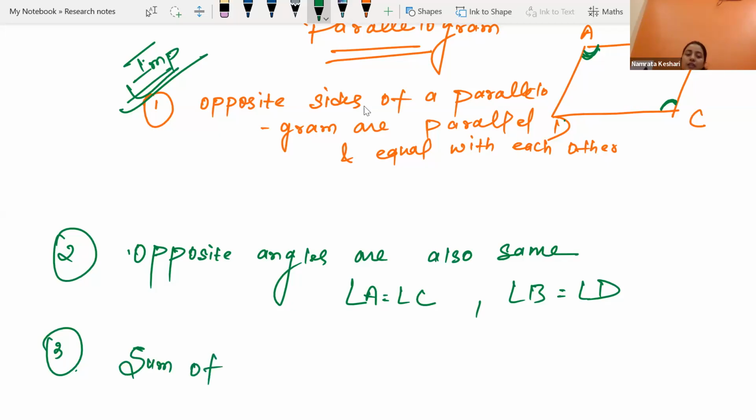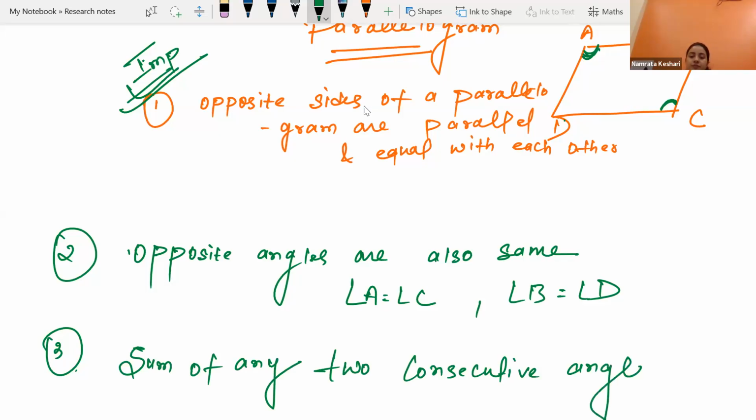So I'm writing: sum of any two consecutive angles is 180 degrees.